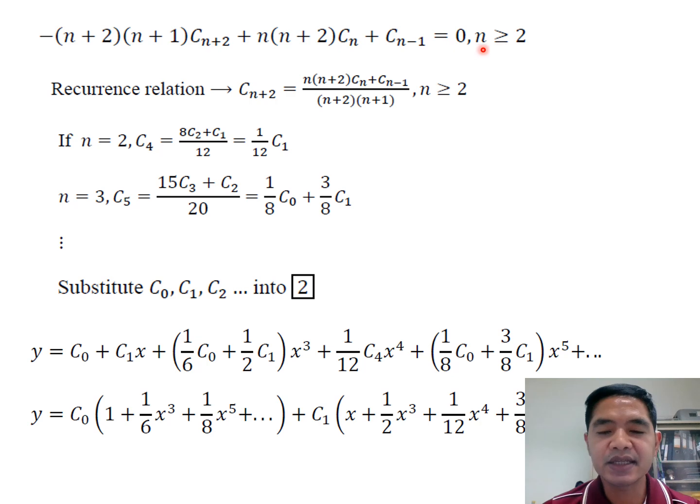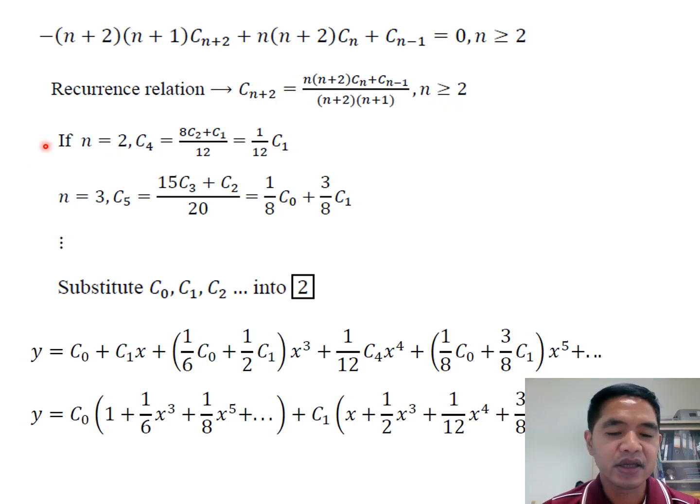And in this case, n has to start from 2, because we used the summation from 2 in the previous slide. Then you just rearrange, take the highest value, which is n plus 2, to the left hand side, and the rest go to the right hand side. This is what we call the recurrence relation, and n here starts from 2.